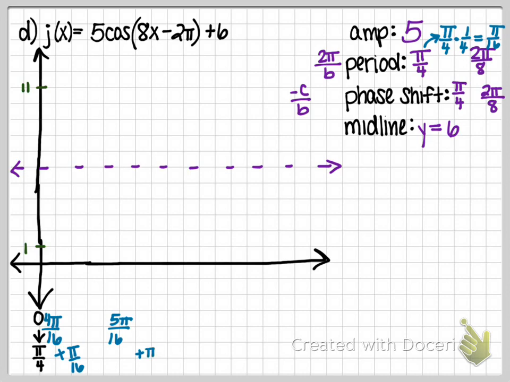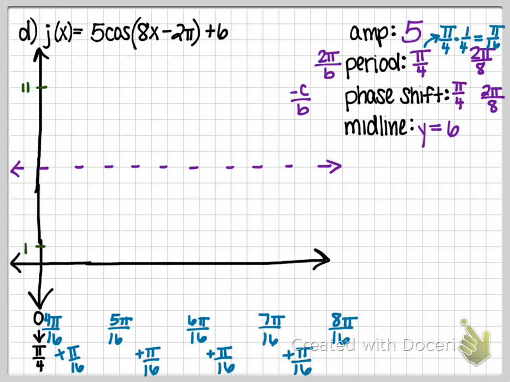Plus another pi over 16 gives me 6 pi over 16. Plus another pi over 16 gives me 7 pi over 16. Plus another pi over 16 gives me 8 pi over 16.